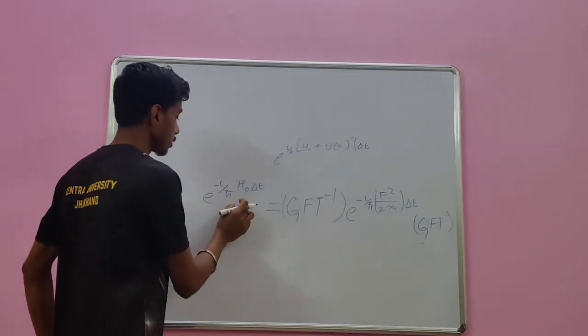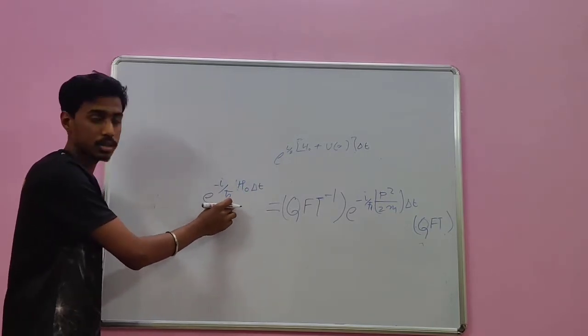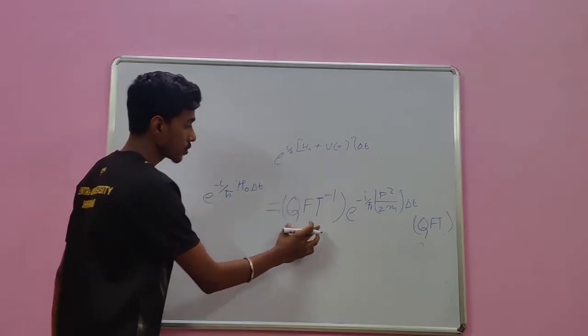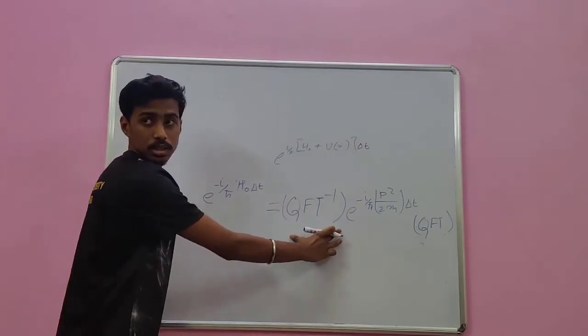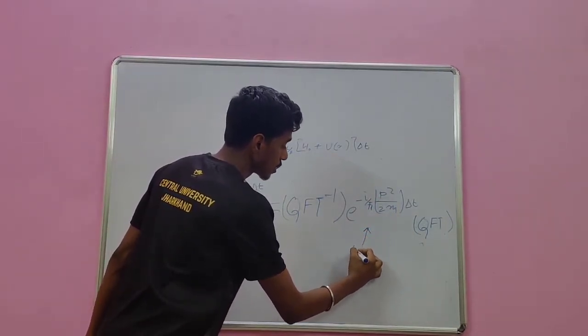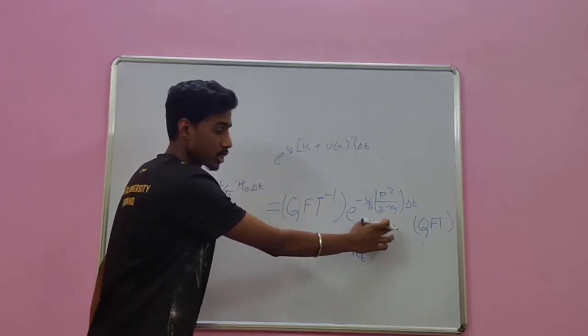So this H naught, e to the power minus i by h cross H naught delta t, consists of QFT inverse, and we can write this in components, where this p square by 2m is the kinetic energy term.